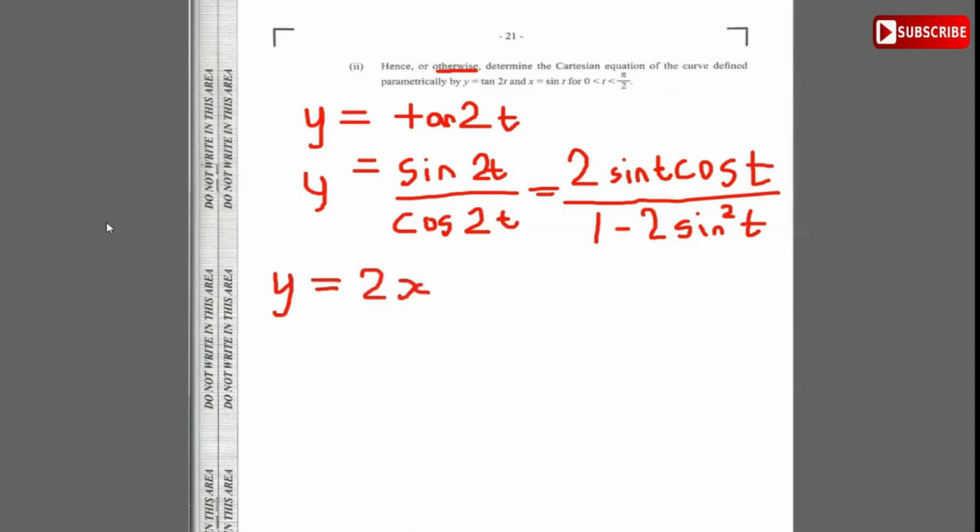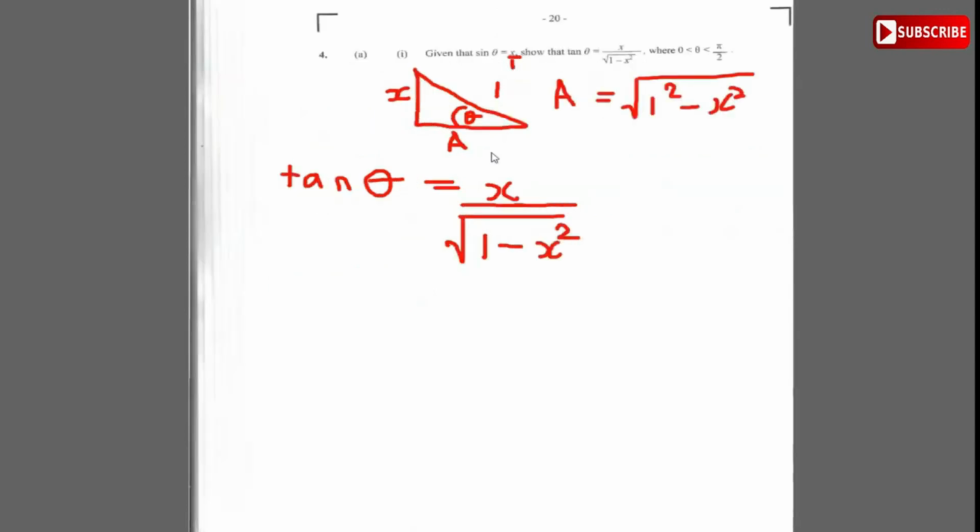What will be cos t? If sine t is x, then cos t would be adjacent over hypotenuse. So cos t is going to be the square root of 1 minus x squared.